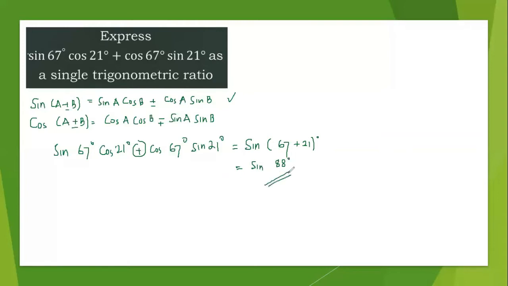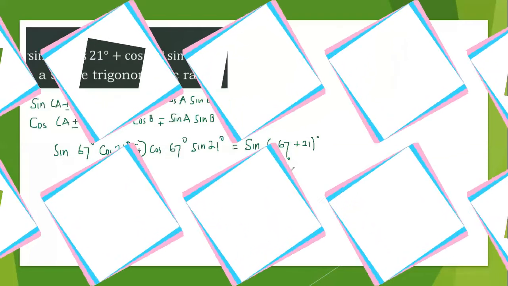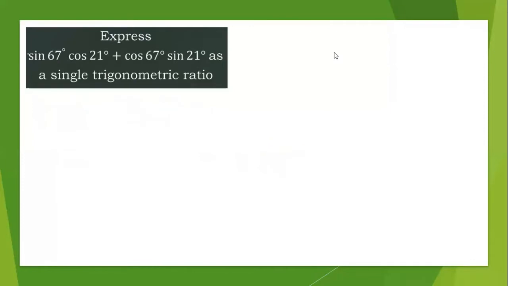Finished. Very easy, right? So for the four alternating trigonometric ratios, you have to follow the sine rule: sine A plus minus B equals sine A cosine B plus minus cosine A sine B. Very easy, everyone.